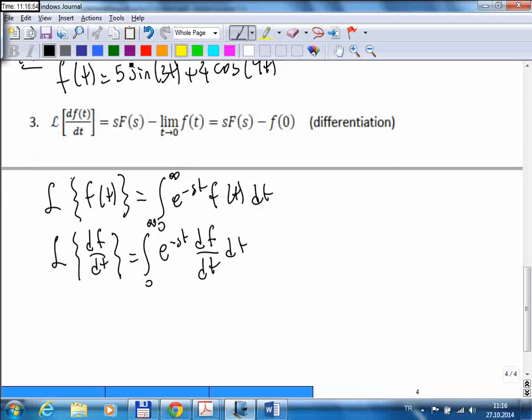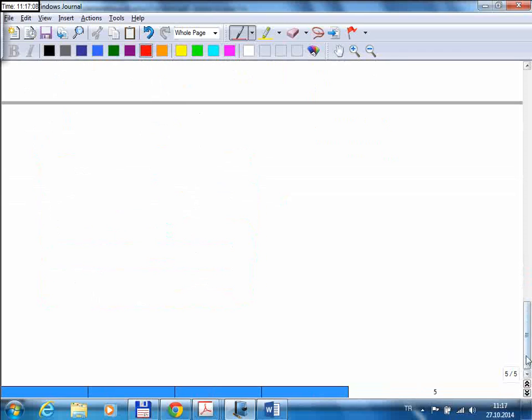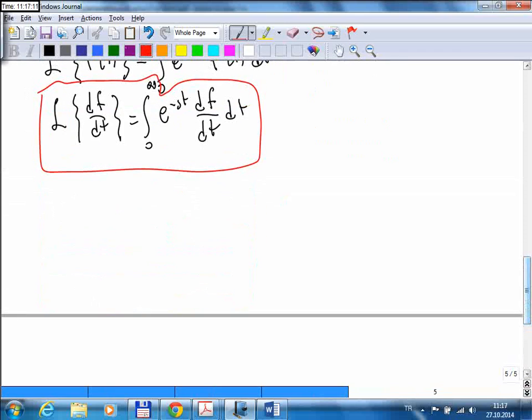So we need to take, the infinity should be here. So to take this integral, we use this equality.